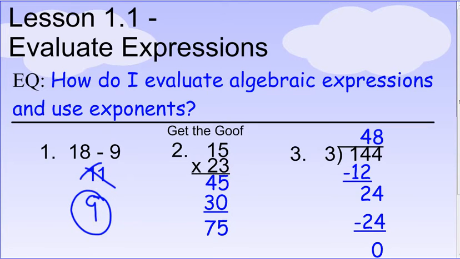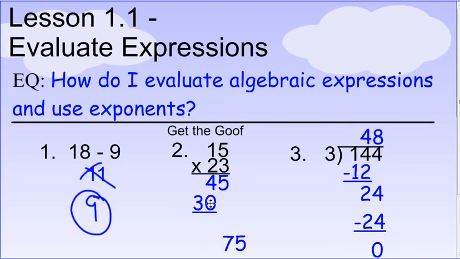15 times 23. So if you did this and you did like the 3 times the 5 is 15, and you carry the 1, and then 2 times 1 is 2, plus 1 is 4, it doesn't work out so hot. Or another thing is some people forget to drop down and add a 0.